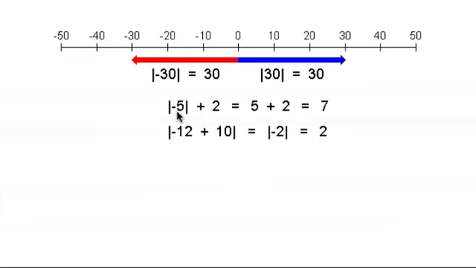For example, here, absolute value of negative 5 is 5, adding 2 is 7. So here we have to do the operation inside the vertical lines. Negative 12 plus 10 is a negative 2, and then we take the absolute value, which is 2.